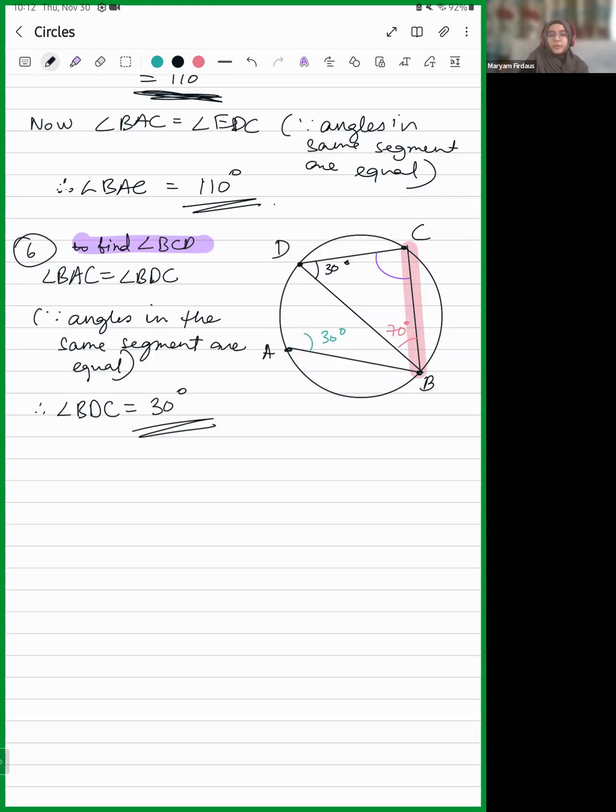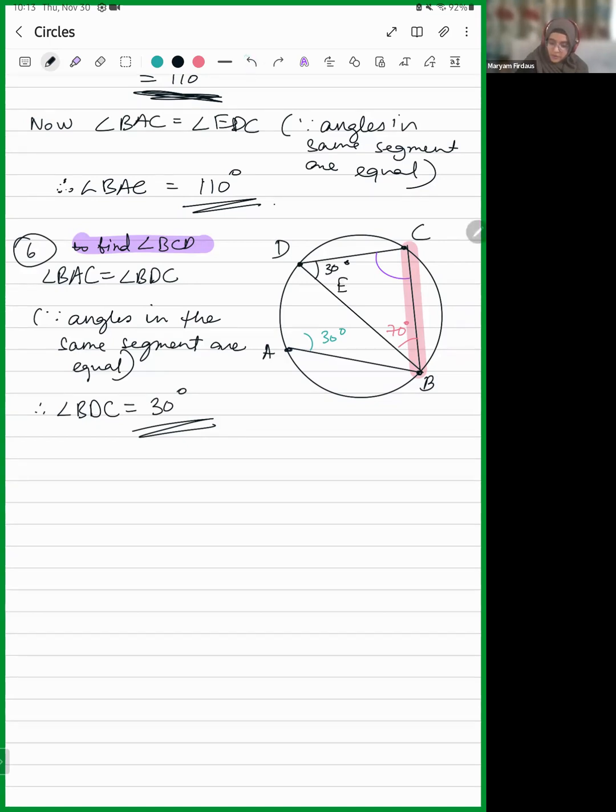Apply angle sum property. See, 30 plus 70 is how much? 30 plus 70 is 100. So you do 180 minus that sum which you have added. What is 180 minus 100? 80, right? So the purple angle is going to be 80.